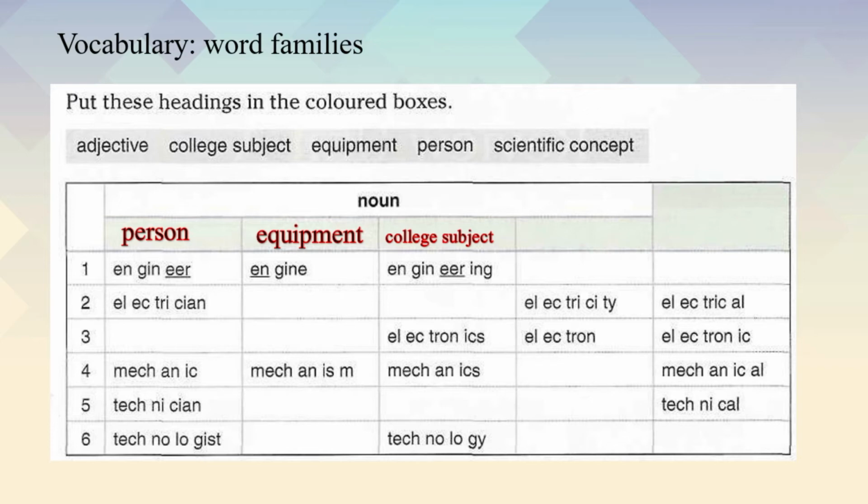So the heading for this is scientific concept. And the last one is, of course, adjective, and we have electrical engineering, describing the kind of engineering. Very good. So now let's move on to the task.